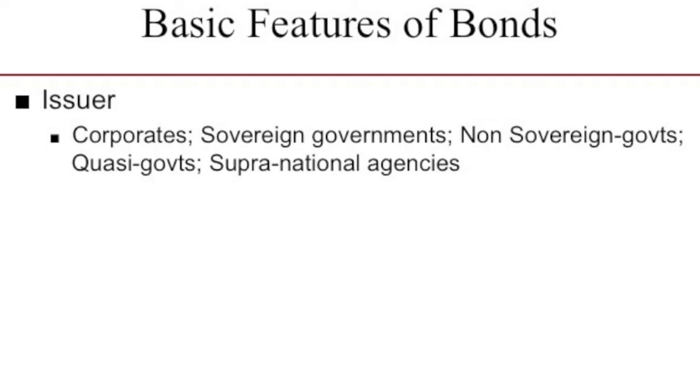This might be, for example, a local authority. So in the United States, possibly cities or states or counties might issue bonds to raise money. Quasi-governmental organisations, sometimes these are domestic agencies in a certain country, possibly supranational organisations, agencies such as the IMF, the World Bank, the European Bank for Reconstruction and Development.